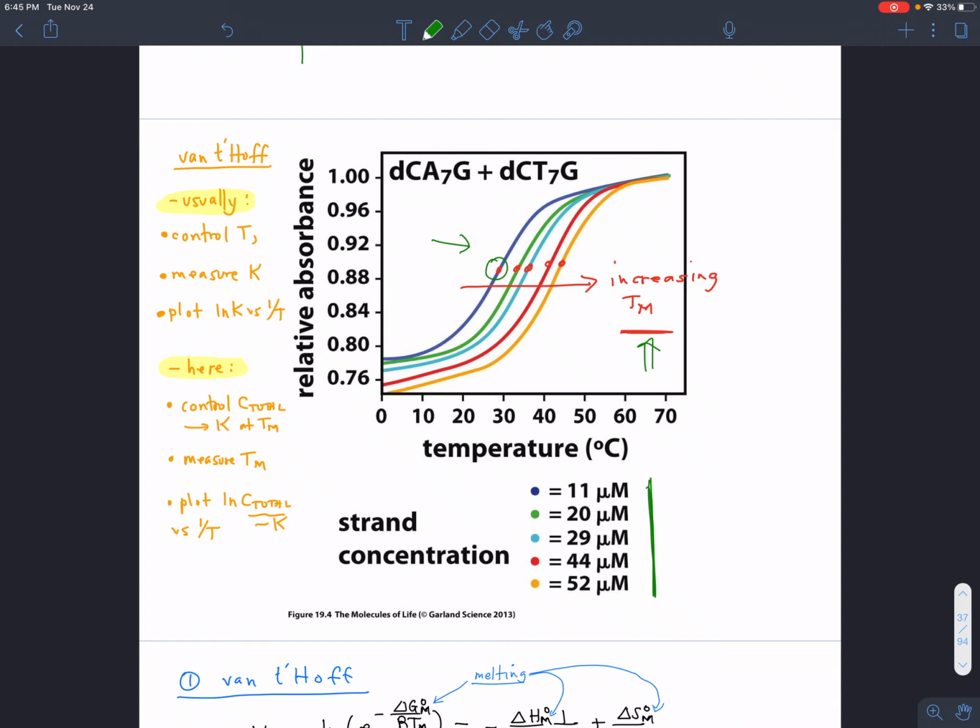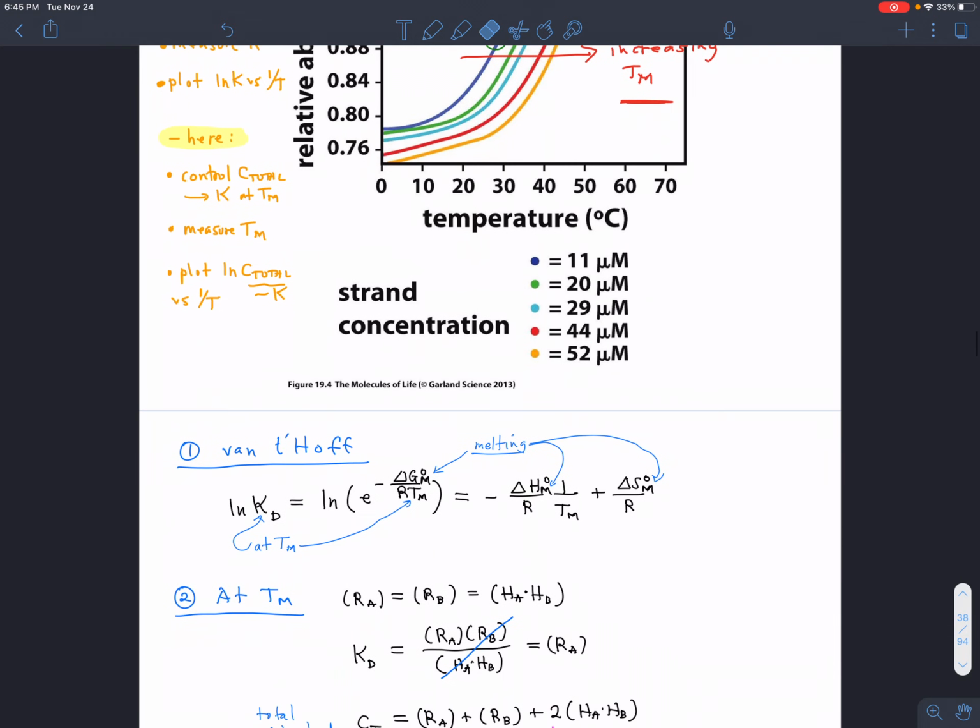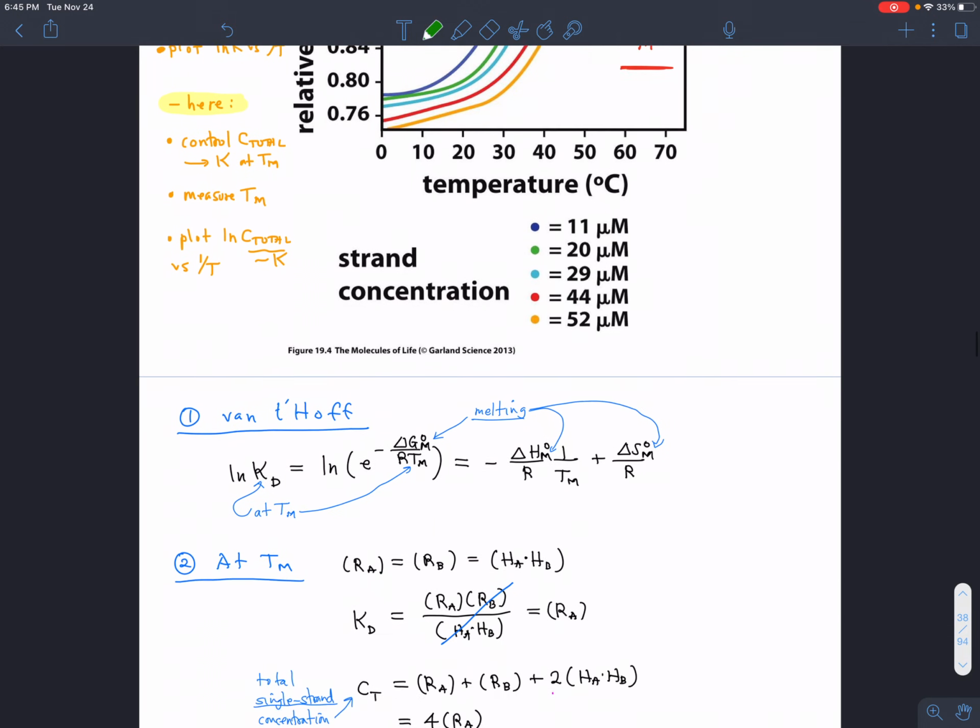If you put in a lot of DNA, the melting point's higher. If you put in very little DNA, the melting point's lower. And so you measure the melting point that you get in your melting curve as you increase the concentration of the DNA in solution. That's your experiment. And now let's see why that works, why that's helpful to us.